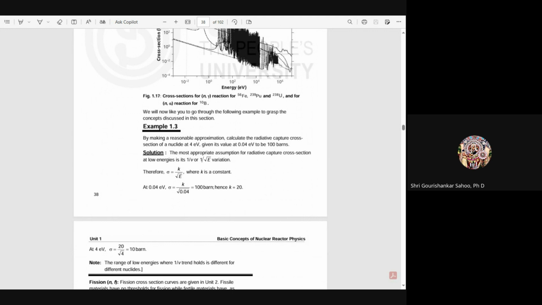It is given that at 0.04 eV it is 100 barns. So you put 0.04 in the denominator, and with the cross section 100 barns, your K will be 20. By putting K equal to 20, at 4 eV the radiative capture cross section is equal to 10 barn, that is 20 by root over 4.